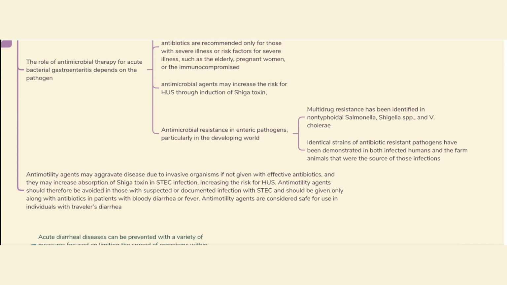These identical strains of antibiotic-resistant pathogens have been demonstrated to infect both humans and farm animals that have been the source of those infections. So the fact that we are giving a lot of antibiotics to farm animals can be one of the reasons why we are having increased resistance of these bacteria that we are getting from our animals.